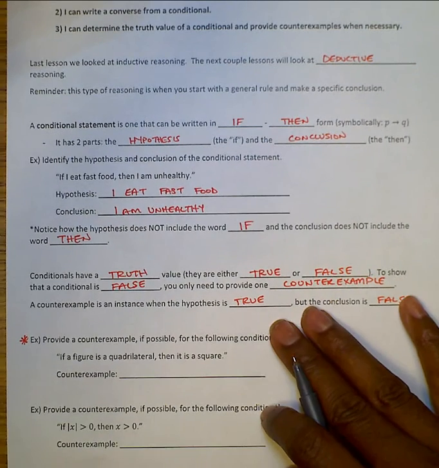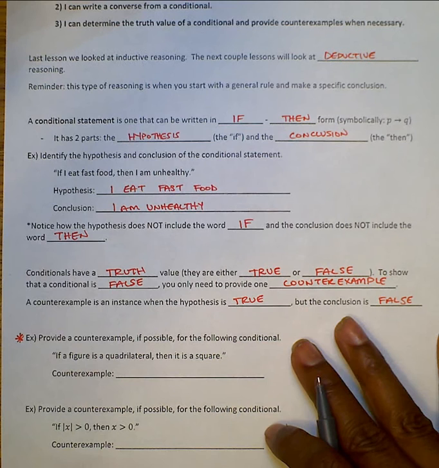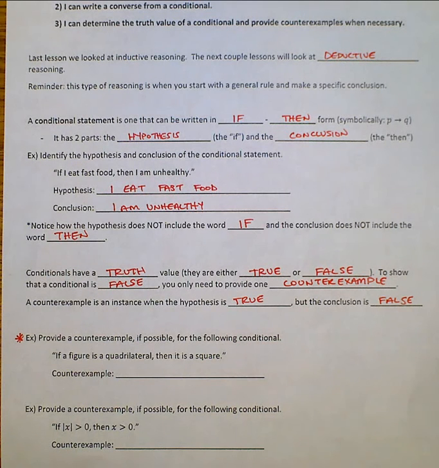At the bottom of the page we have the directions to provide a counterexample for the following conditional: if the absolute value of x is greater than 0, then x is greater than 0. What do we know about absolute values? The absolute value of a negative number will always be greater than 0.